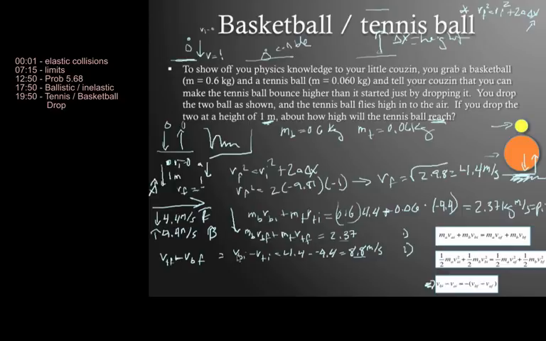So what I'd like to do is to get rid of something. So here I have a minus sign, here I have a plus sign. So if I multiply this whole thing by MB, and I'll do that here, MB VT final minus MB VB final is going to be equal to MB times this. And what I can see is that this equation, this modified 2, if I add it to this guy, this term is going to drop out.